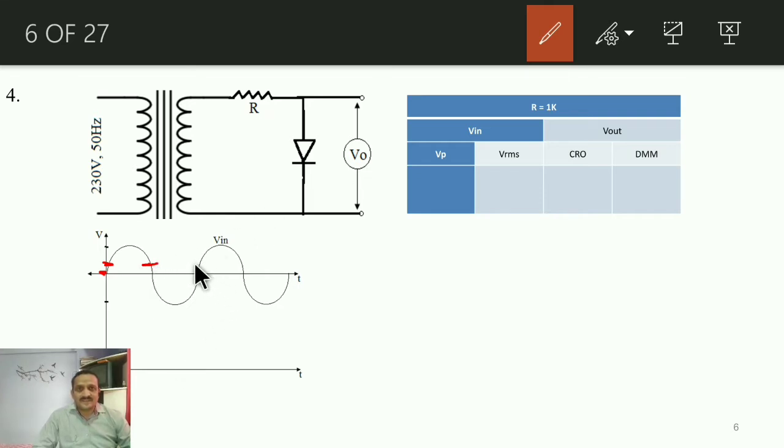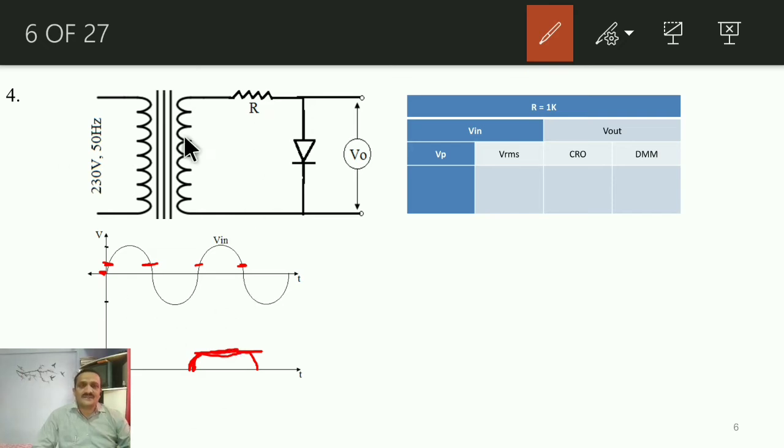So I will show the nature of the output here. If this is the 0.7 volt amplitude, the nature of the output will be like this. The output will follow the input, later it will remain constant at 0.7, and again the output will follow the input like this.